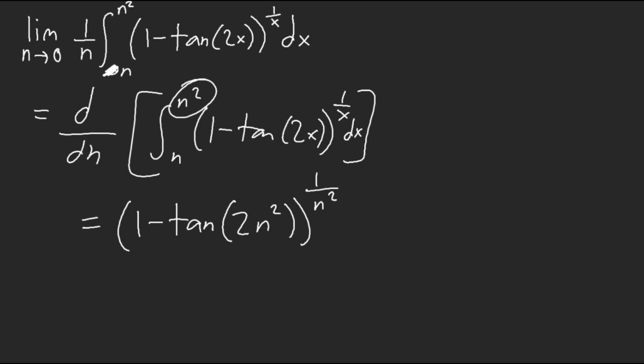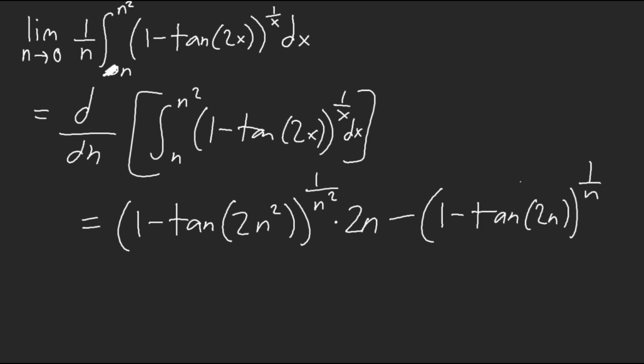Because you have n squared, it's times 2n. And then because of this bound that you have, this is now minus 1 minus tangent of 2n, 1 over n. So this is from the top bound, this is from the lower bound. Okay? So that's how you differentiate crazier integrals like this.